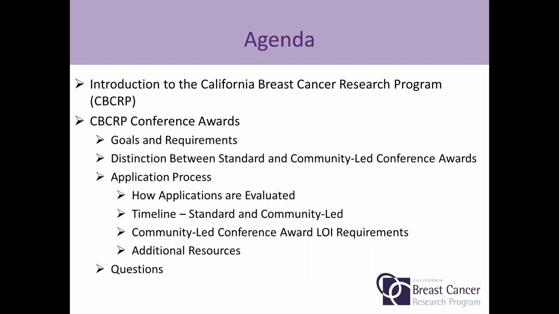Finally, we'll go through the application process, both in terms of how the applications are evaluated, what the timeline for the applications is, and what the letter of intent requirements are for the community-led conference award. I'll also tell you a little bit about some of the additional resources we have in putting together an award. And finally, I will ask if there are any questions.